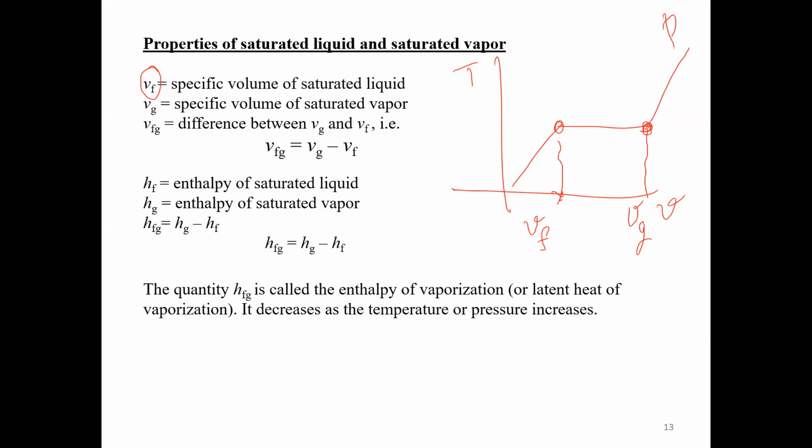These two values are given in tables. If you have a pressure, you go to the tables, and at this pressure you can find Vf and Vg. The difference between them we call Vfg, following this equation: Vg minus Vf, the specific volume of the gas minus the specific volume of the liquid.